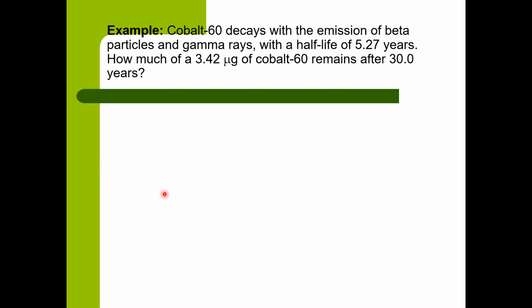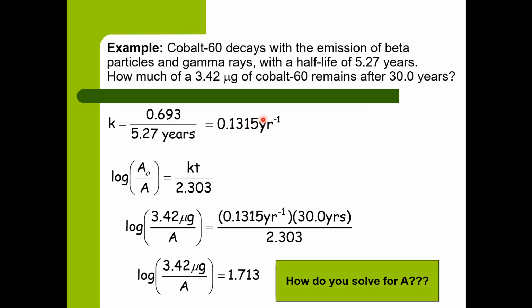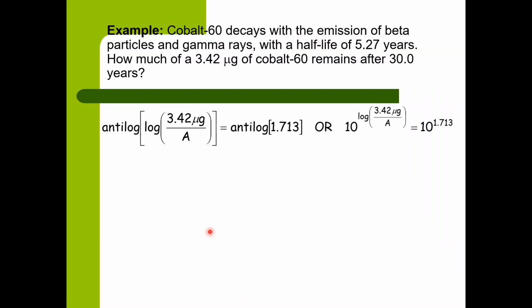And so this is just the problem restated. And what we did here is we took the antilog of both sides. And so antilog and log cancel each other out, and that is equal to the antilog of this.